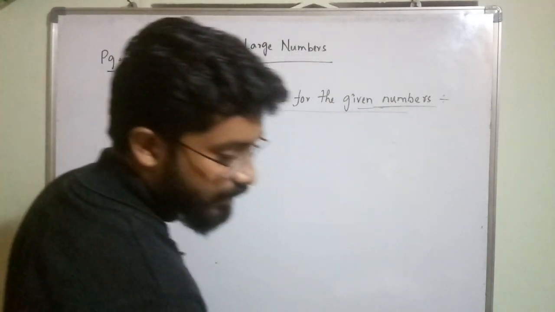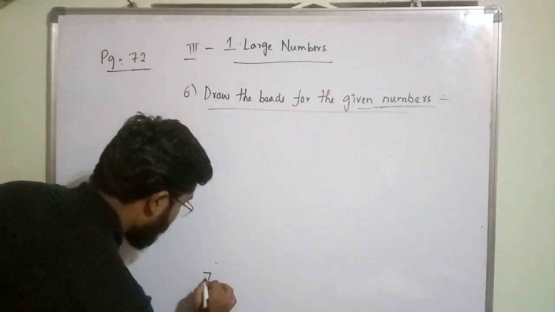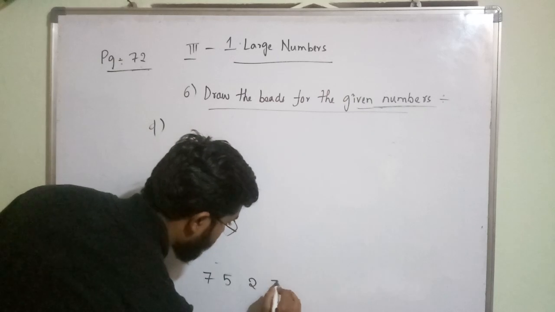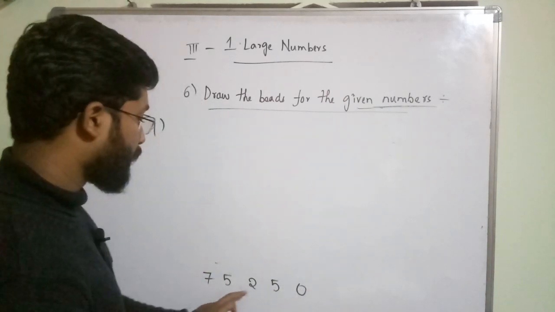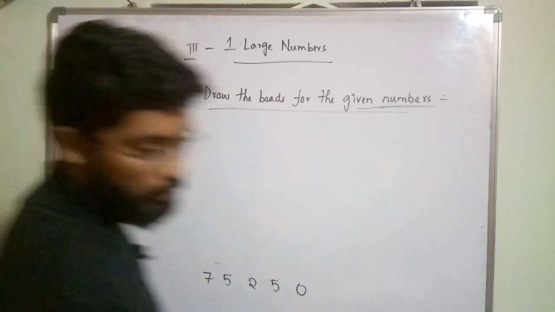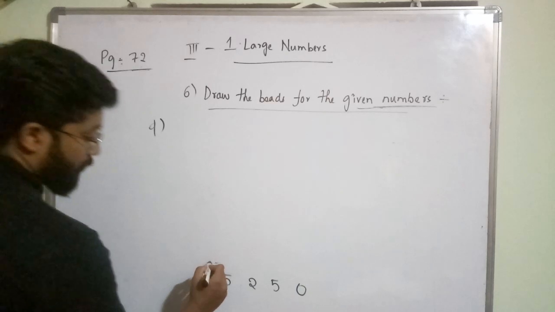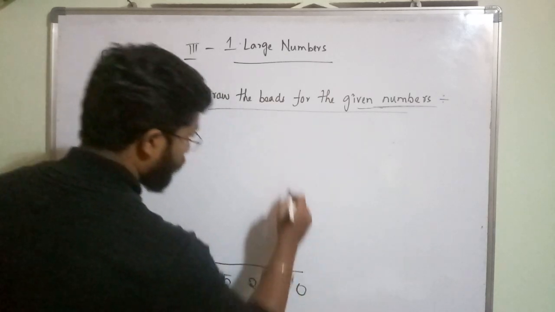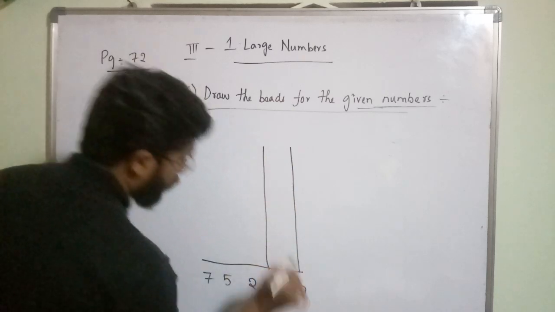So the number he gave is 75250. Okay, 1 2 3 4 5. So in your textbook only he gave the number and he has drawn the rods also, no?